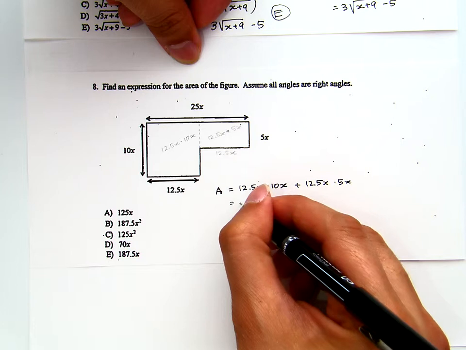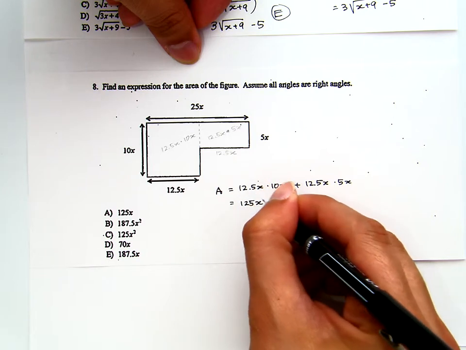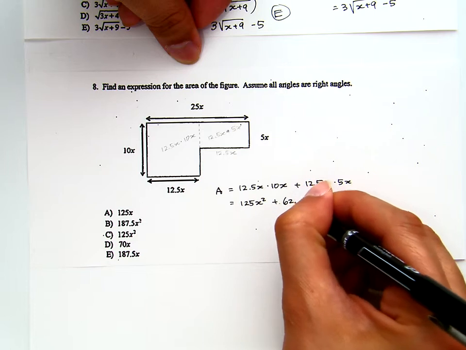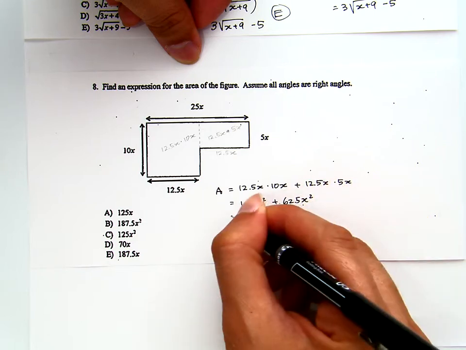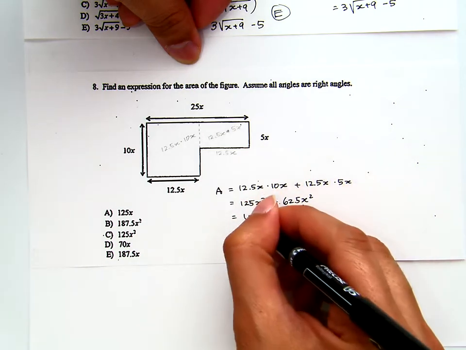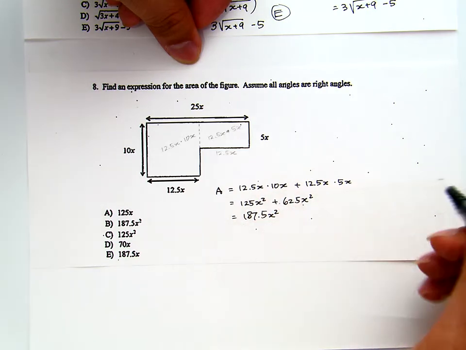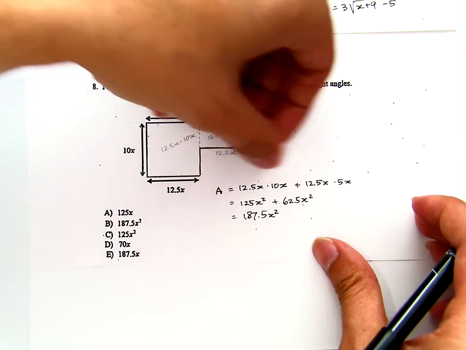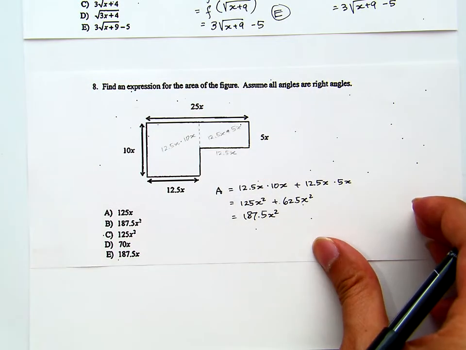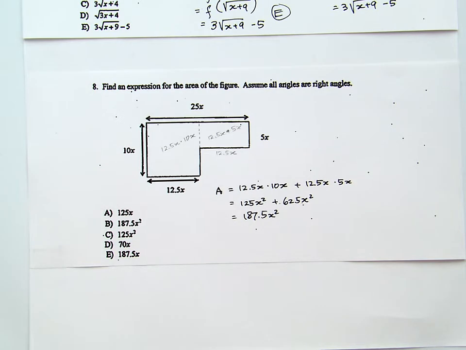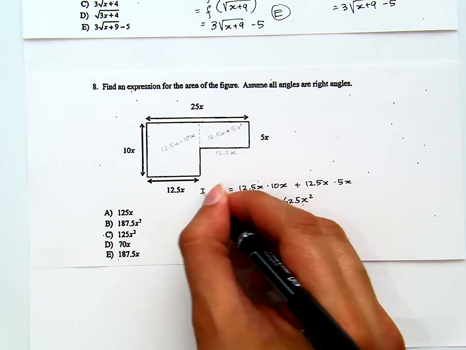Now this will yield 125x squared plus 62.5x squared, which add up to 187.5x squared. Of course, some of you may say, Thomas, can we factorize 12.5x squared from there? Yes, if you want to, but I think you can see that from algebra, just simple algebra. By the way, that's one way to do it.